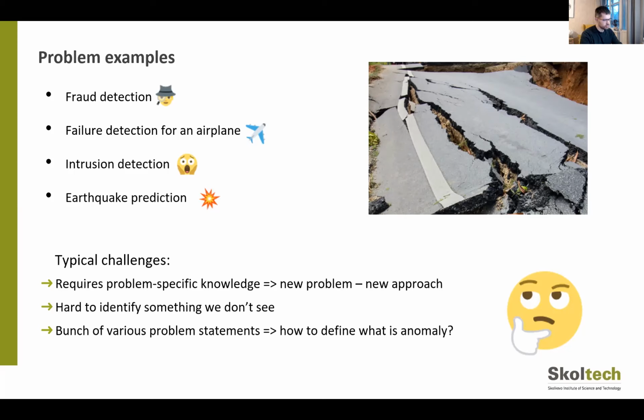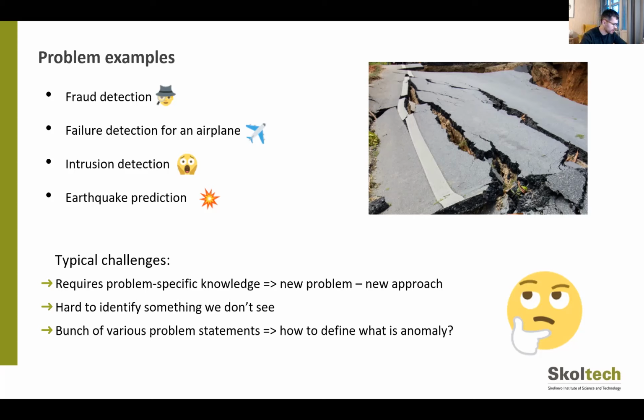So we want to solve this imbalanced classification problem, which in this particular case is the anomaly detection problem. So in this case, we again have a good solution from the beginning. We just have to tune it a bit to get a good result.